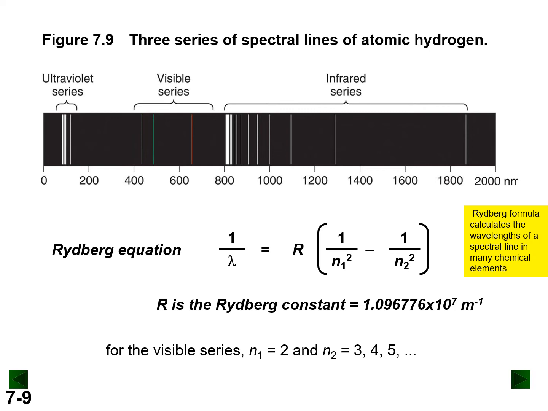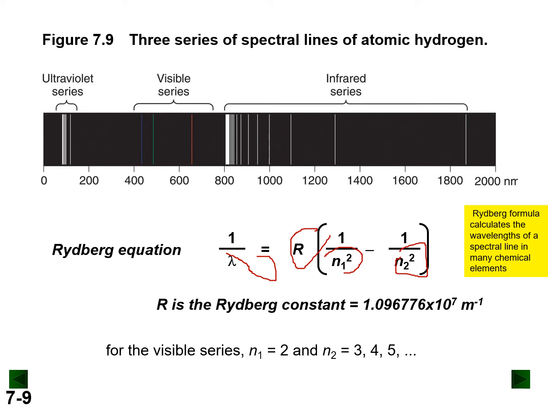In the Rydberg equation, 1 over lambda, where lambda is the wavelength of the light that's emitted, R is the Rydberg constant, n1 is the lower energy level, and n2 is the higher energy level.